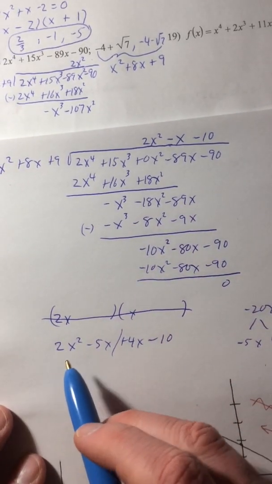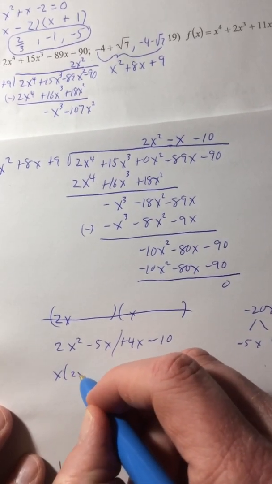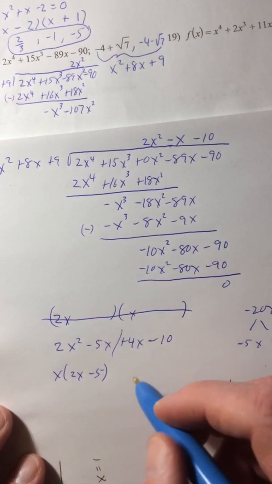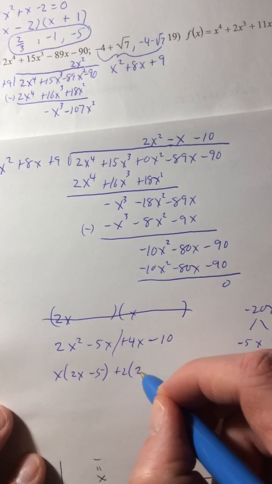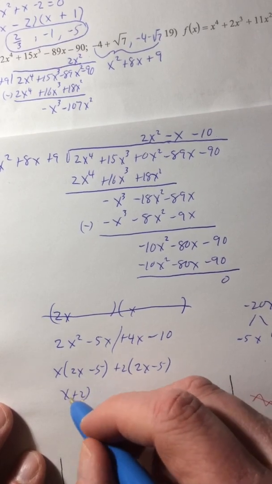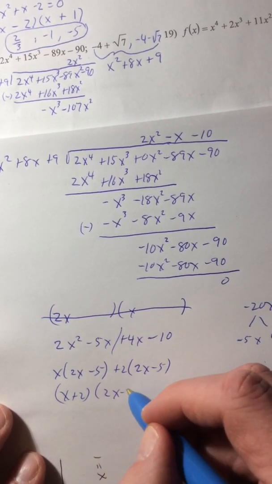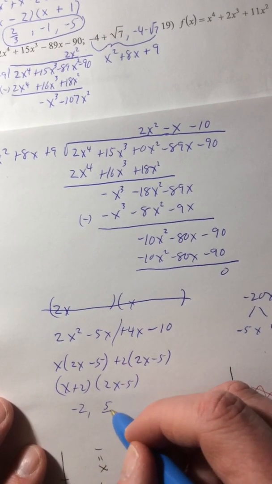Okay, so what can we factor out of here? Just an x. So that's going to be 2x minus 5. Factor out a 2 times 2x minus 5. And then I have x plus 2 times 2x minus 5. And we have negative 2. And we have positive 5 halves.